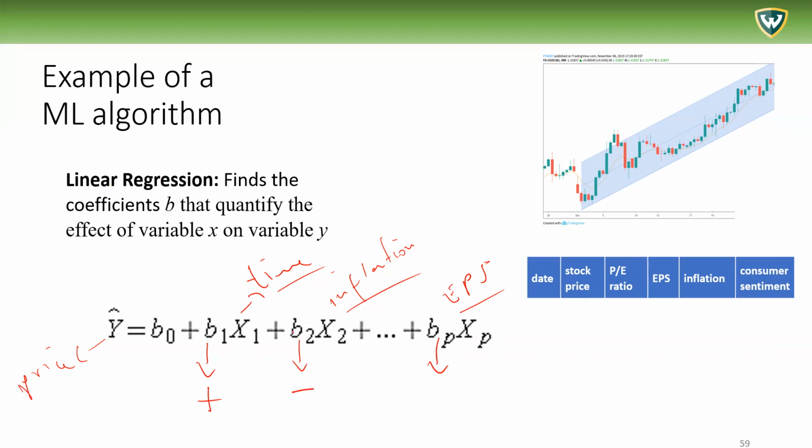Inflation, though, is inverse. So B here would be negative because the higher the inflation, the lower the price, potentially, maybe not. The higher the earnings per share, maybe this would be a positive relationship. The higher this value, the higher the price. And the linear regression can find that. We only see one or two dimensions here, but we can implement multiple dimensions, and the linear regression can find the coefficient of the impact of each of these factors on the outcome of interest.